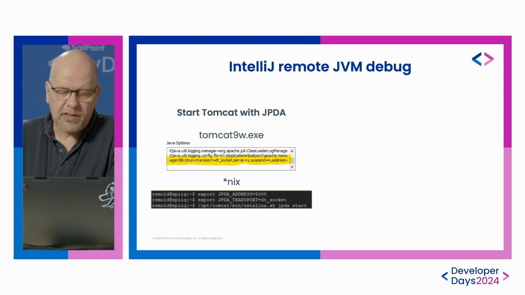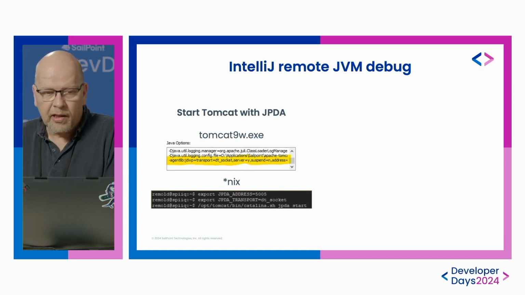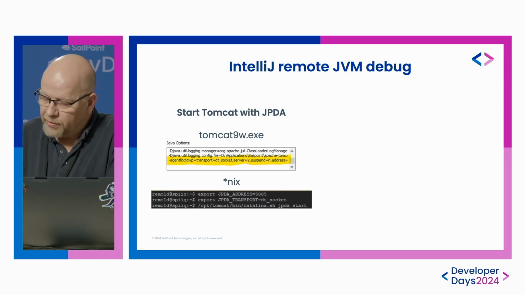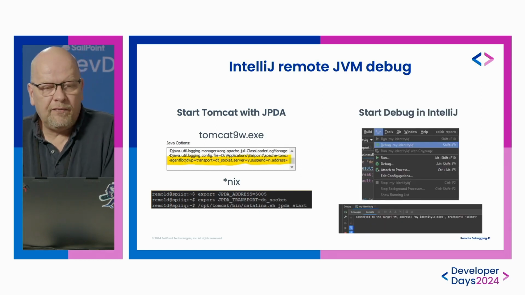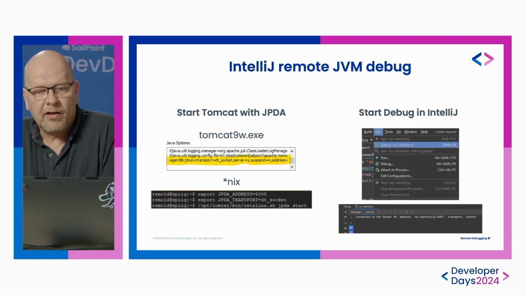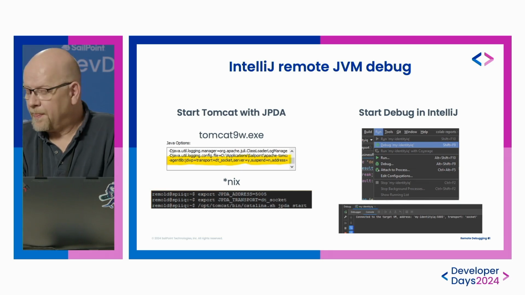If there is any question about this, please let me know in the forum, and I will answer it as well. And if you set it up and restart Tomcat, then you can go to IntelliJ and start a debug session. And I will demo that, of course.